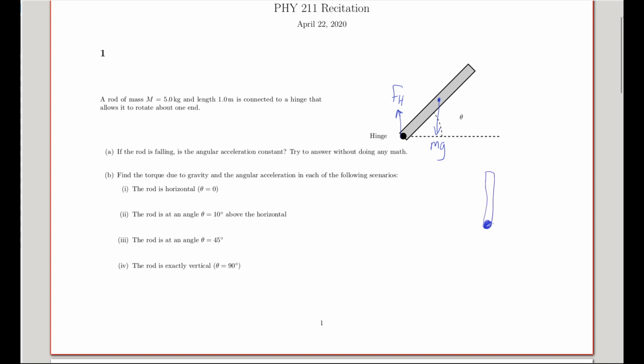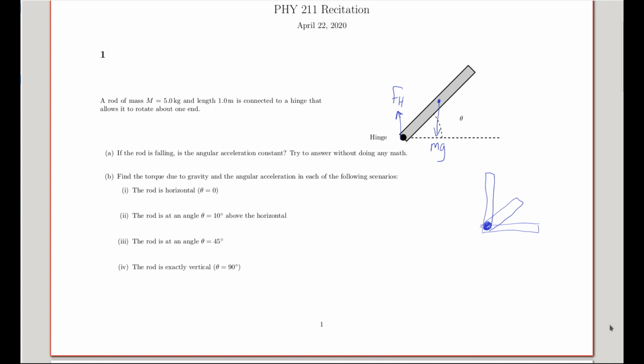The torque due to gravity is very small. But as the rod falls lower and lower, the torque is going to become larger and larger until here, when it's horizontal, the torque will be at its largest because the force vector from gravity here will be perpendicular to the radius vector.